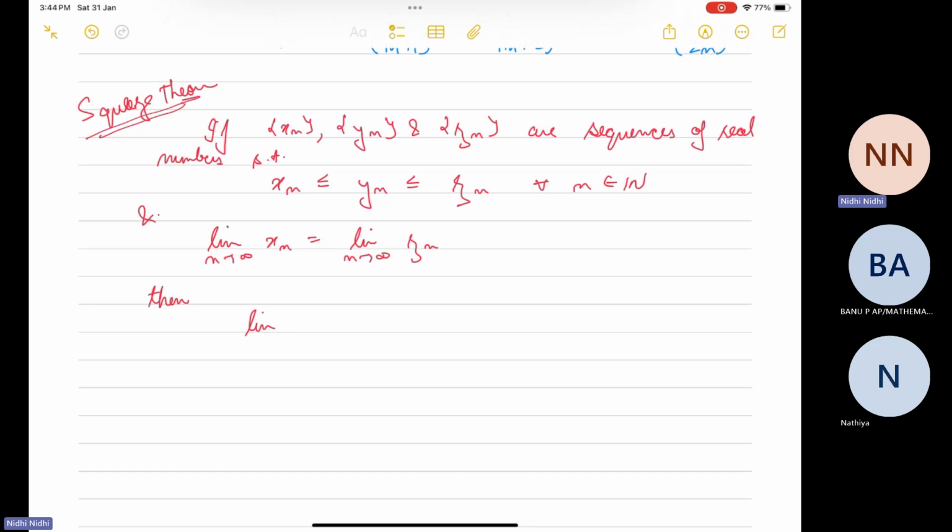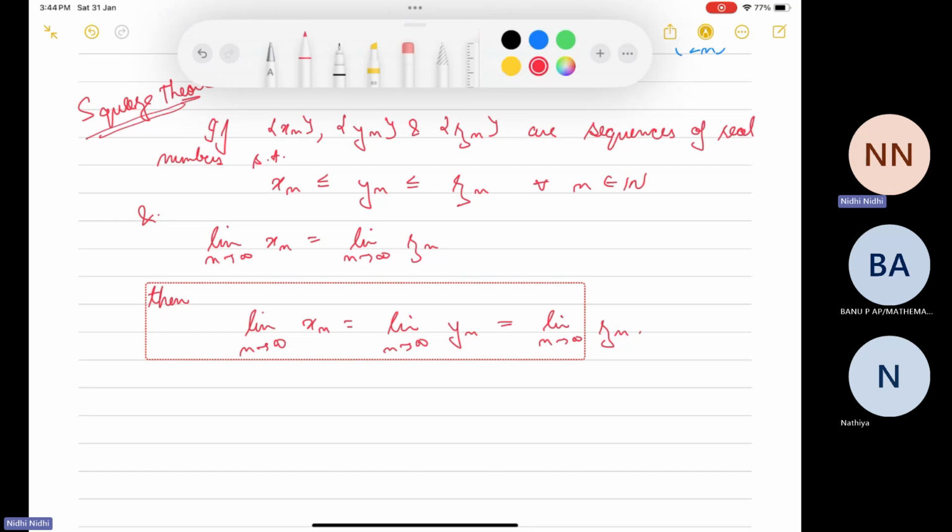If both the breads are converging to the same limit, the in-between one must also converge to the same limit. That is why sometimes we call it sandwich theorem or squeeze theorem. Then limit n tending to infinity xn is equal to limit n tending to infinity yn equal to limit n tending to infinity zn. Now we'll be using this theorem in order to show that the above sequence is actually converging to 0.